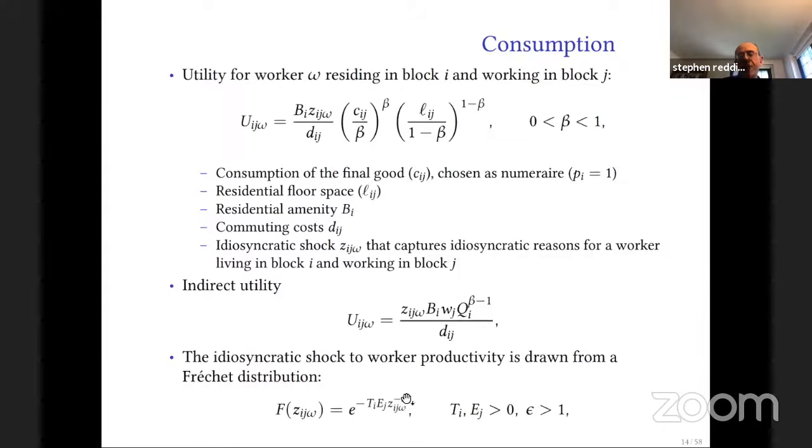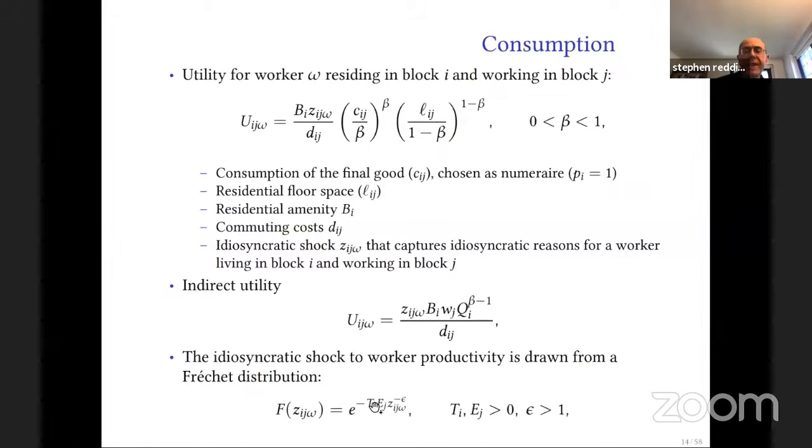And so the parameter epsilon in the Fréchet distribution, which has to be bigger than 1, regulates the dispersion in these idiosyncratic draws. So the larger epsilon, the less dispersion in these draws there is. Okay, and so workers are going to respond more to economic fundamentals rather than idiosyncratic preference draws, because for a higher epsilon, the idiosyncratic preference draws are less dispersed.